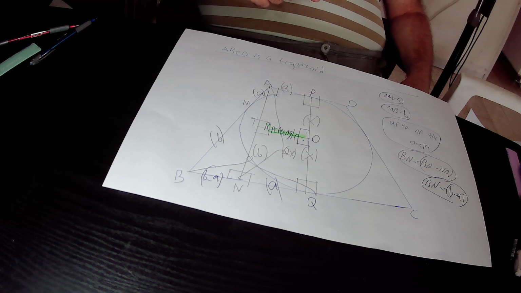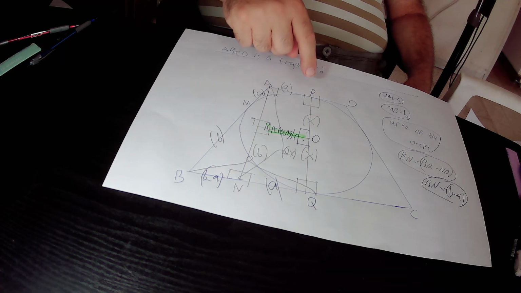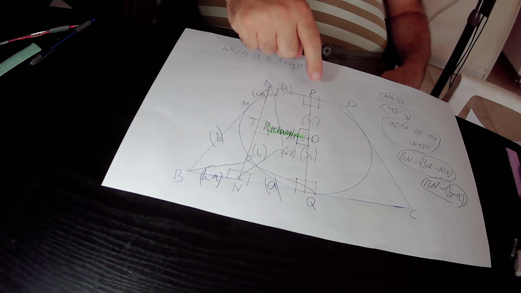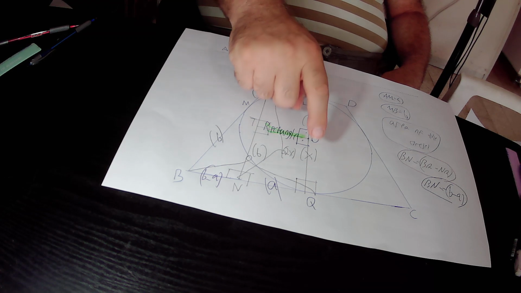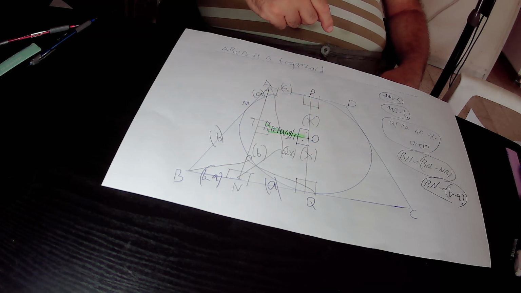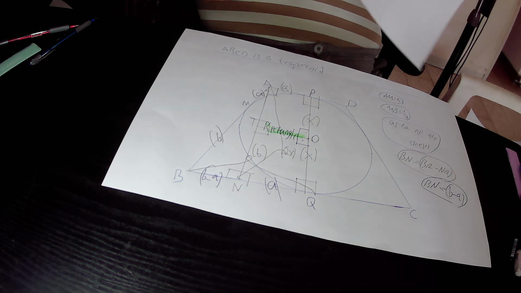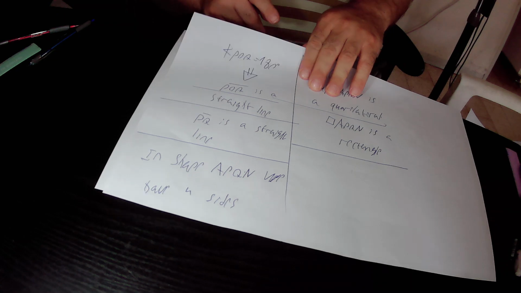So we found that the size of the big angle POQ is equal to 90 degrees plus 90 degrees, that is 180 degrees. So angle POQ equals 180 degrees in size.